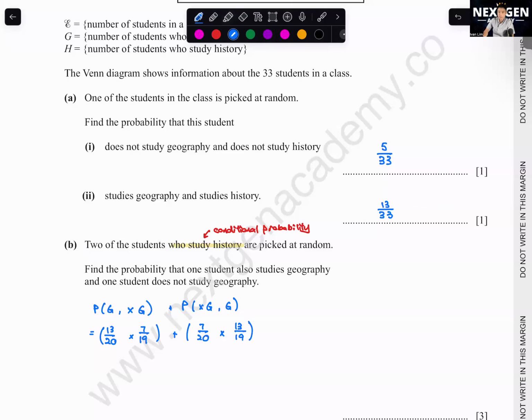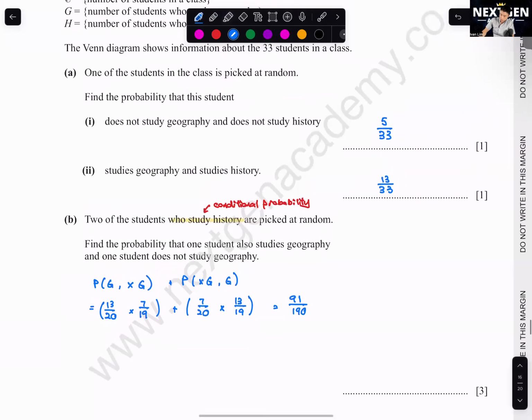Another easy way, you can just do one, then multiply by 2. You will still get the same answer. Type this in the calculator. You will get 91 over 190. So this is called a conditional probability question.